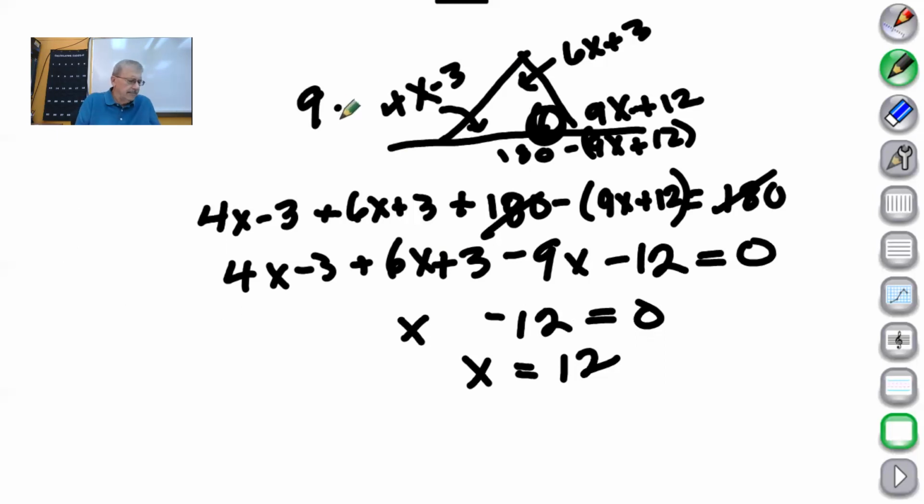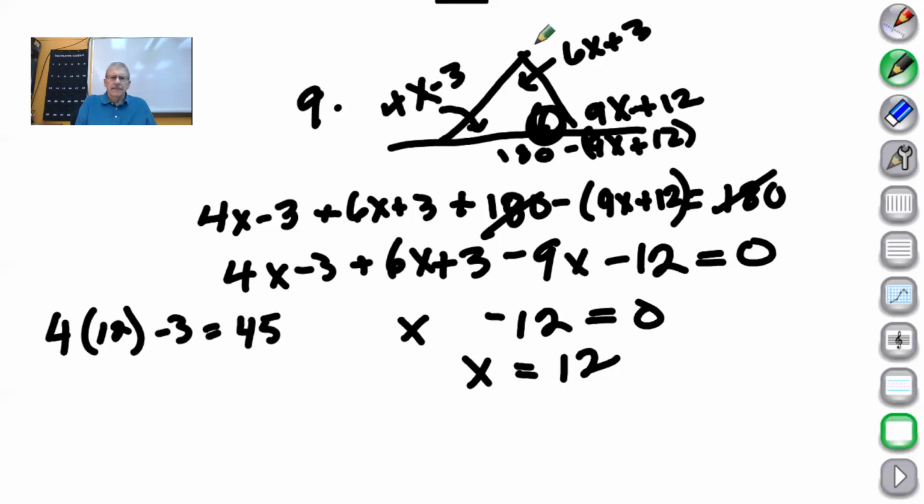So this angle, they don't really have a measurement on it, but this would be 4 times 12 minus 3. That would be 48. Take away 3 would be 45. So chances are, if this is a right angle, we aren't sure. It didn't say it was a right angle. Okay, so this is going to be 6 times 12 plus 3.